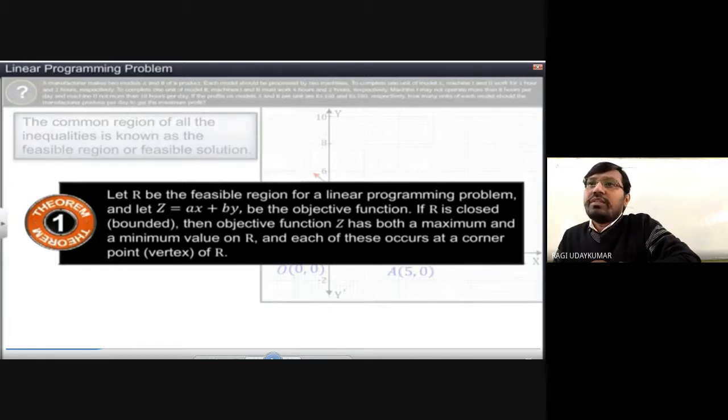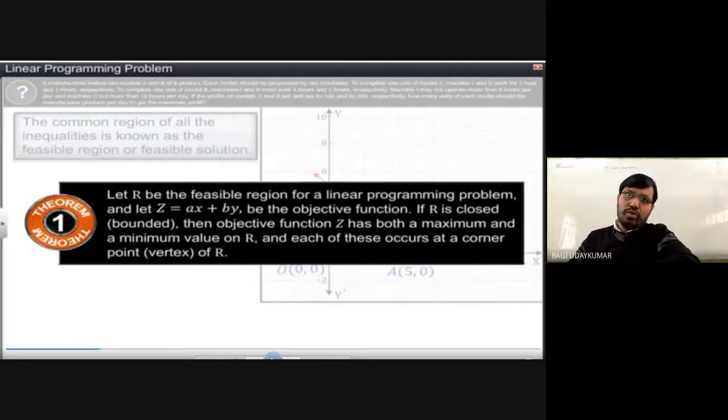Then the objective function has both maximum and minimum value on R, and each of these occurs at the corner points only. Not anywhere in the middle; only at the vertices will the maximum or minimum value occur. So that is theorem number 1.